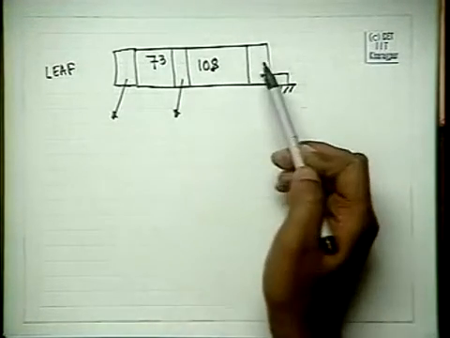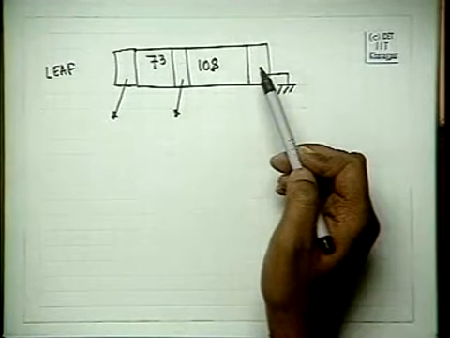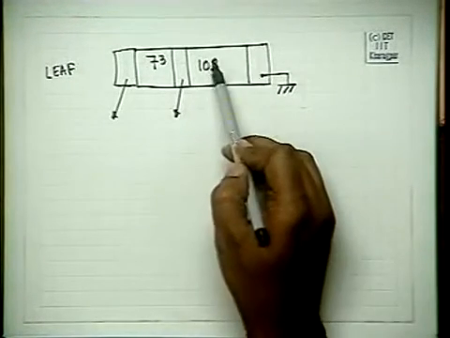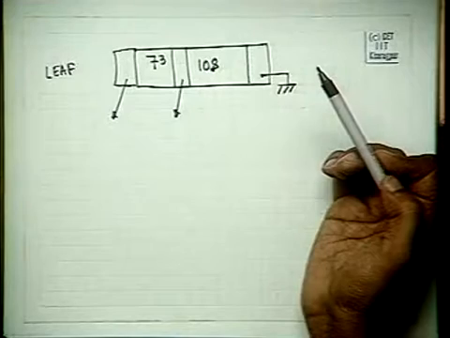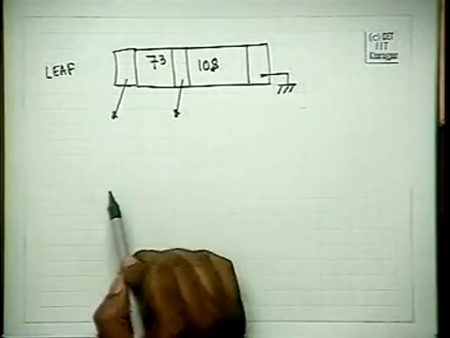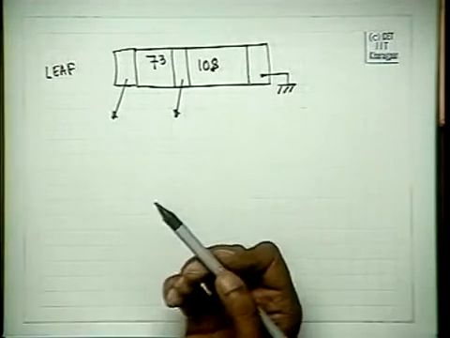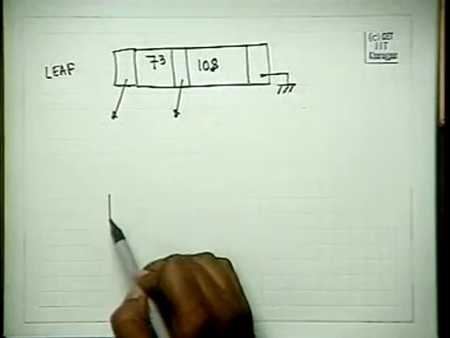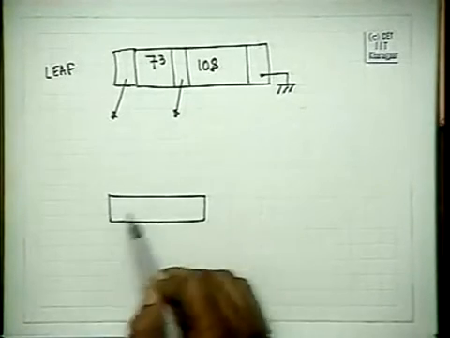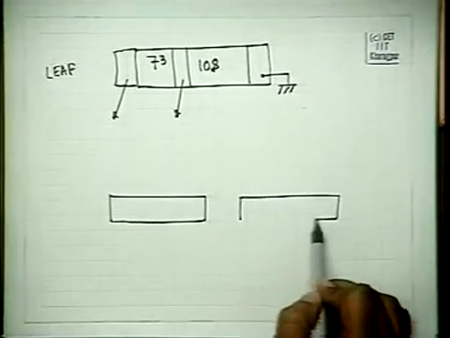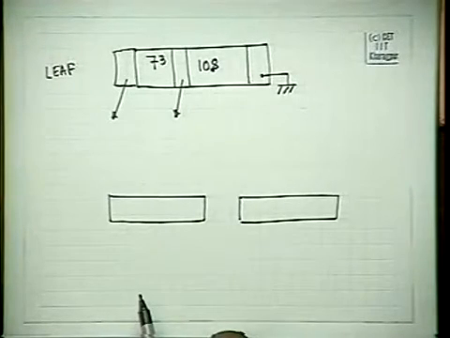And I cannot insert it here. If I put 100 here, then 108 has to be placed somewhere. So I malloc, or I get another block. Now I have two blocks, both are leaf blocks.